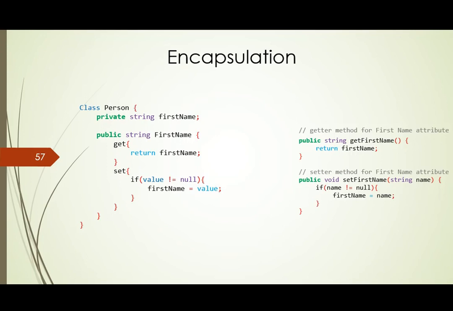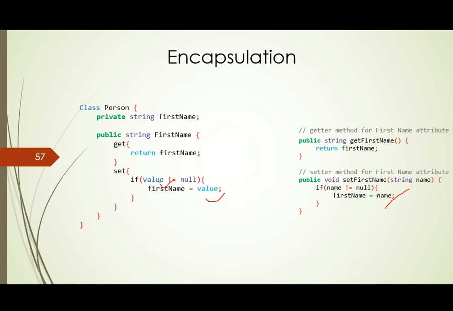So this is exactly the code that you have seen in the set earlier. So instead of name, in the set method, we could name the parameter as anything we like. But when we use C# and use the properties like this, the default parameter is always the value.